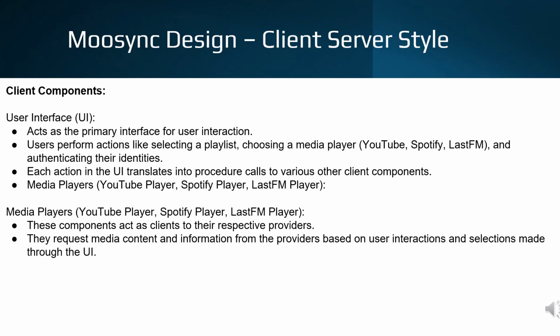Whenever a user clicks the YouTube tab, the list of songs associated with the user's search in YouTube will be displayed. So the YouTube player acts as a client which is requesting resources from the YouTube server. This is the same for the other two players as well. If a user clicks the Spotify tab, the Spotify player will be requesting a particular resource from the Spotify server. So this is all about the two components, the user interface and the media player.